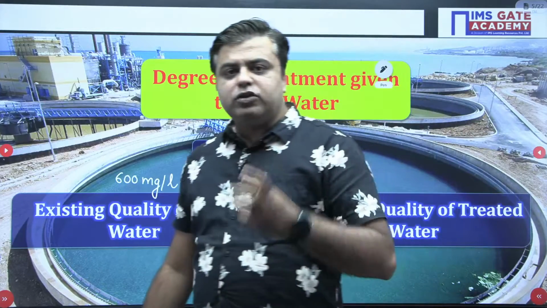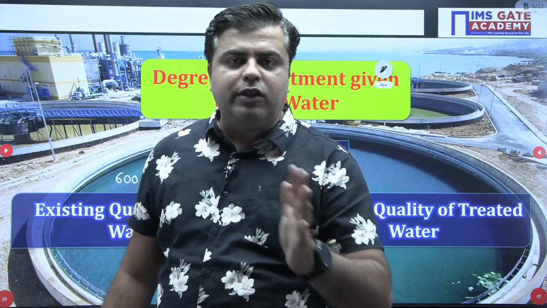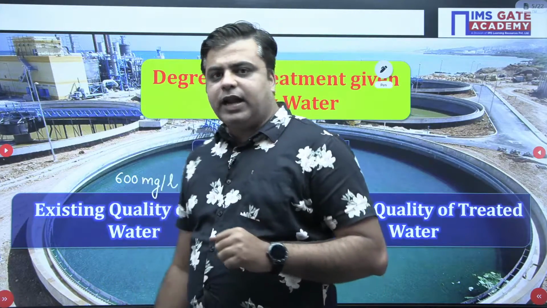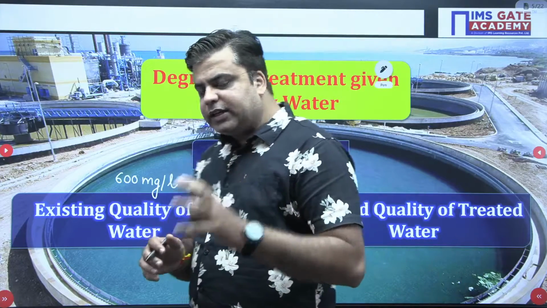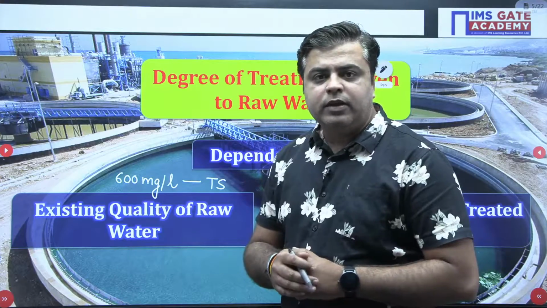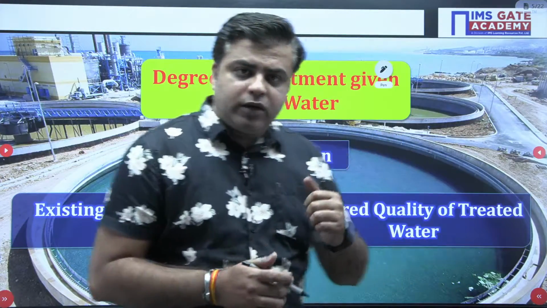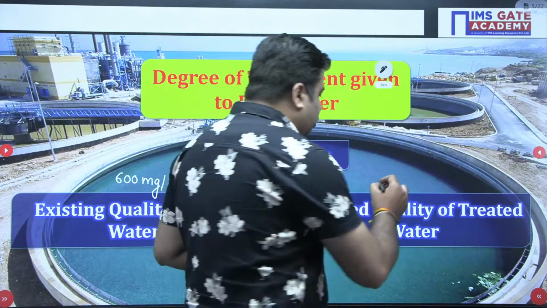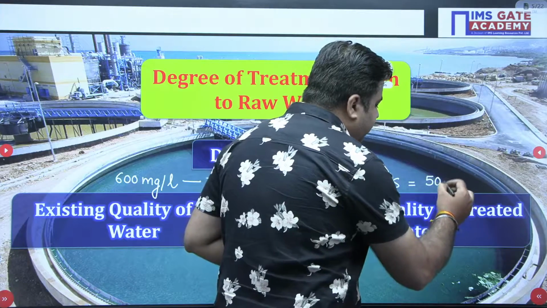Now the Central Pollution Control Board has already defined the permissible limit of all the water quality parameters. Right now if I am talking about total solids, the concentration of total solids that you got from this existing raw water is 600 milligram per liter. Now as per the IS code, the permissible limit of total solids is defined as 500 milligram per liter.